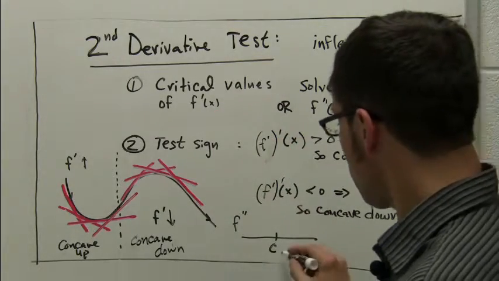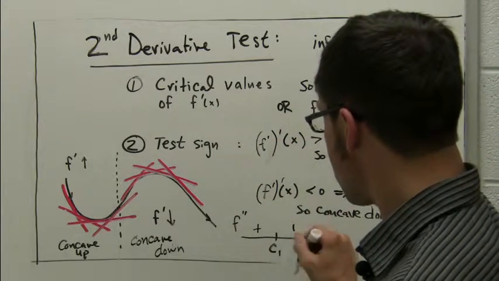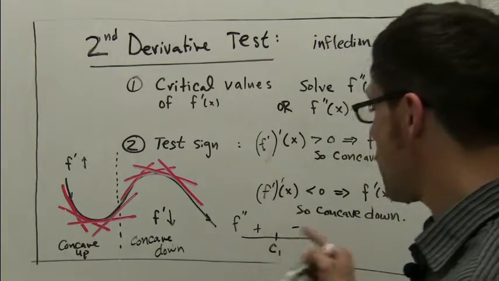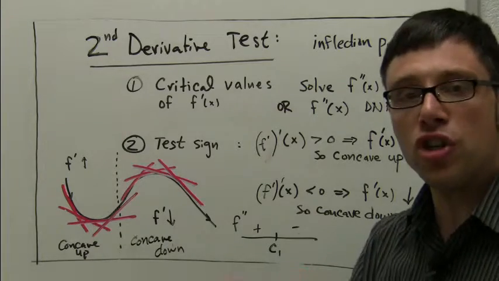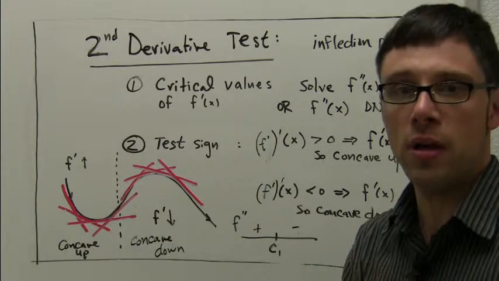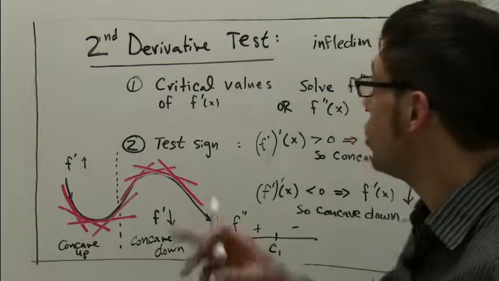And if we find that it changes sign from negative to positive or positive to negative, that means it's changing concavity. And places where the function changes concavity have a special name. Remember, those places are called inflection points.